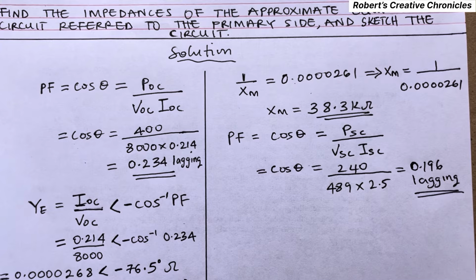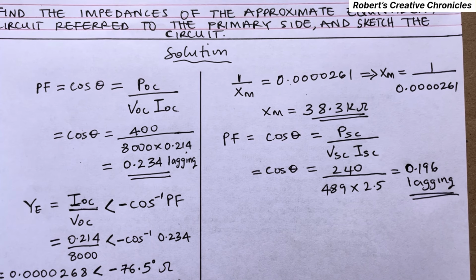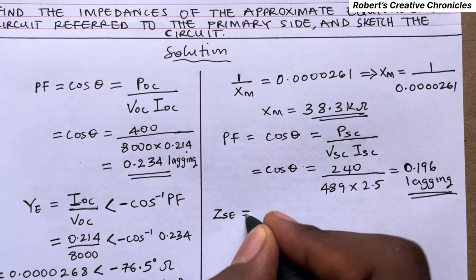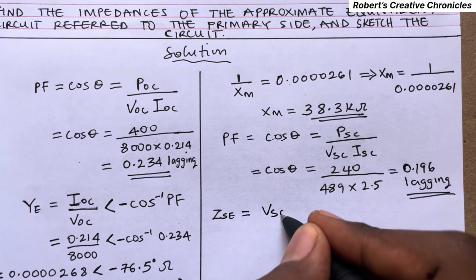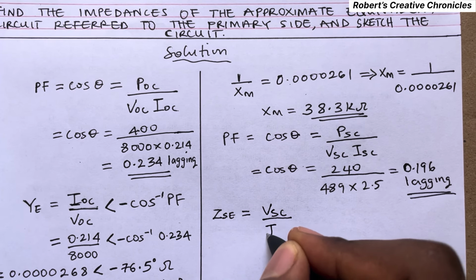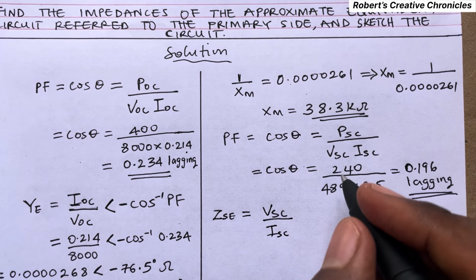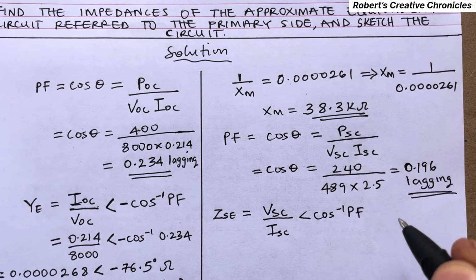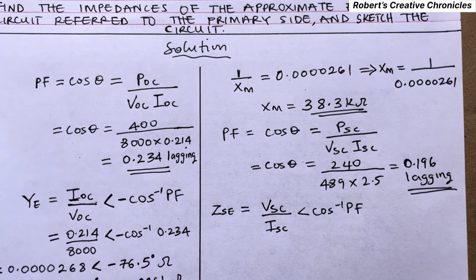Now we are going to find the series impedance. It's given by this formula. So this is the formula for series impedance.